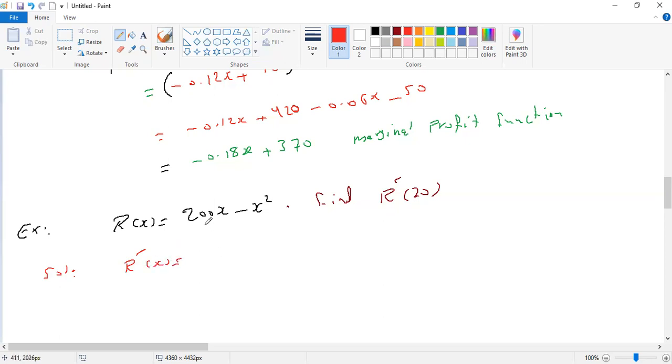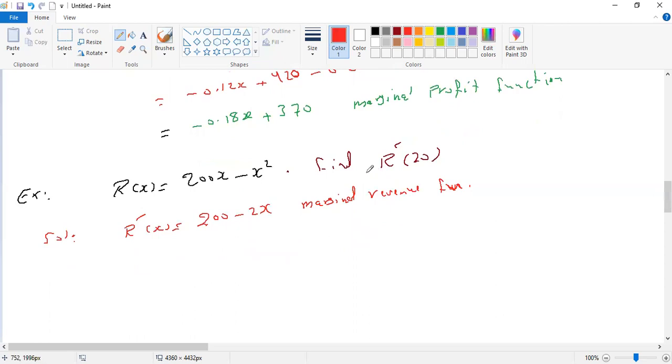equal to the derivative of 200x, which is 200 because the derivative of x is 1, minus 2 times 1, 2 minus 1, will be 2x. This is the marginal revenue function. Okay, now R prime of 20.